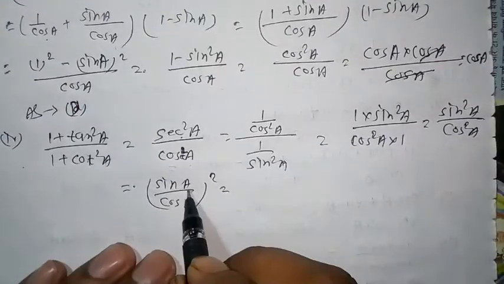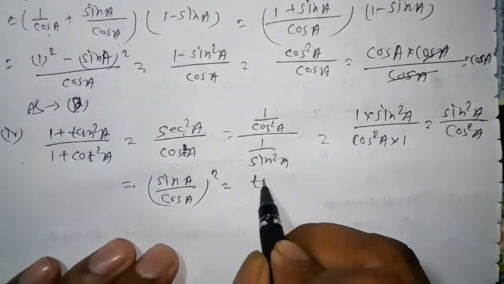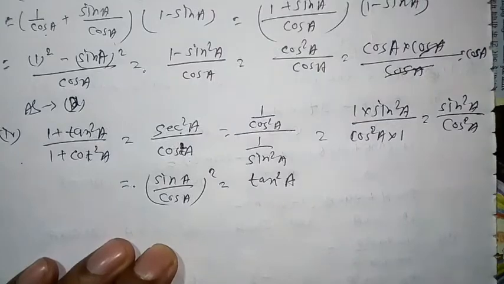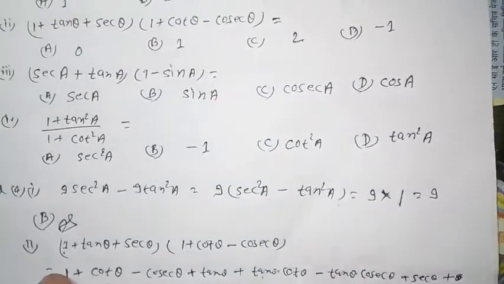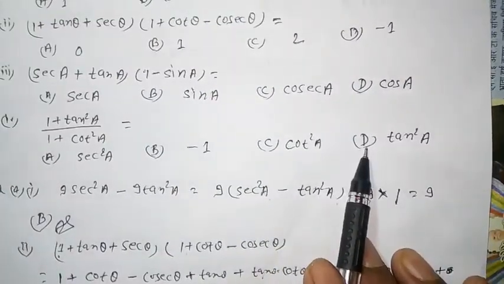Sin theta by cos theta is tan theta, so it is tan square A. Okay, so your answer is D, tan square A.